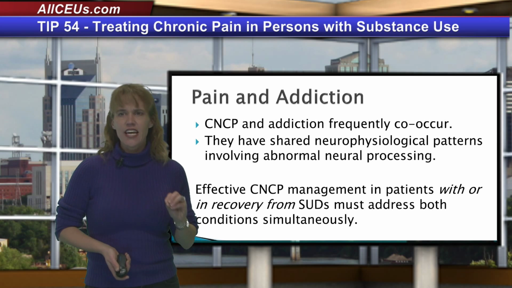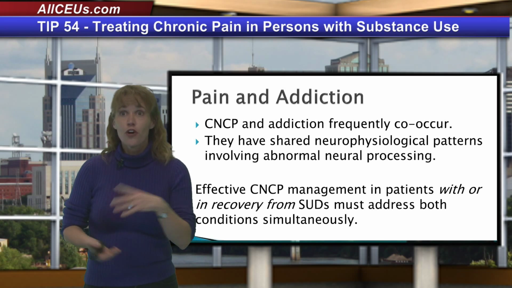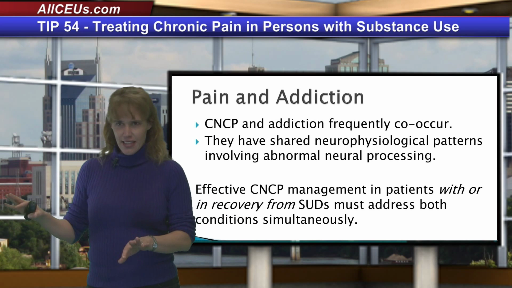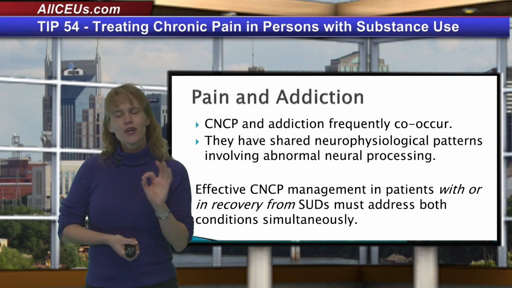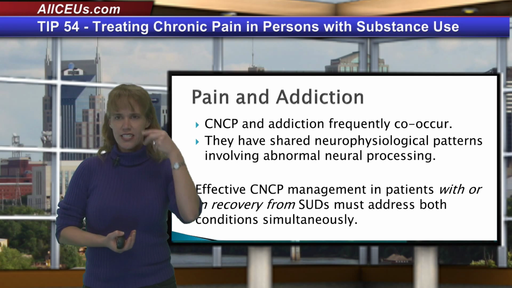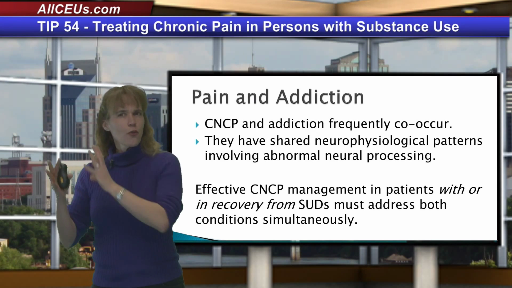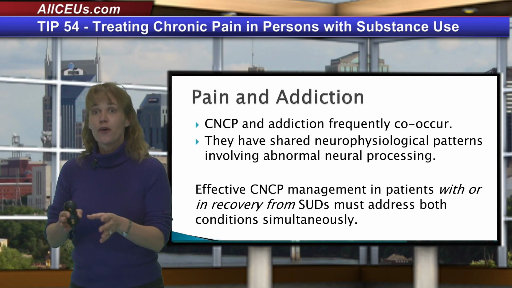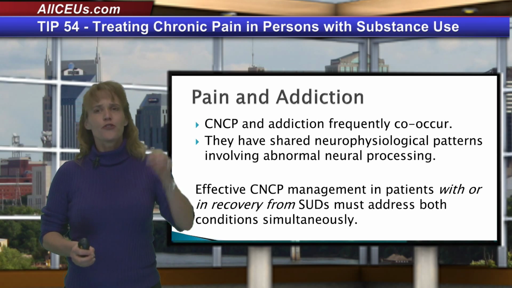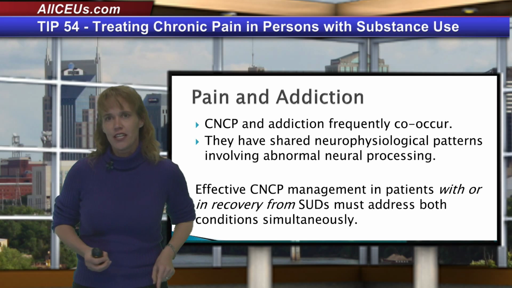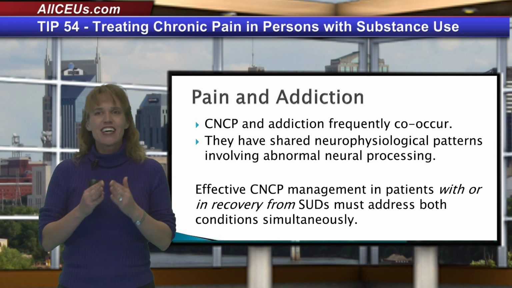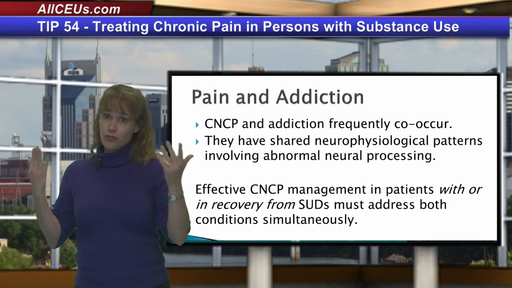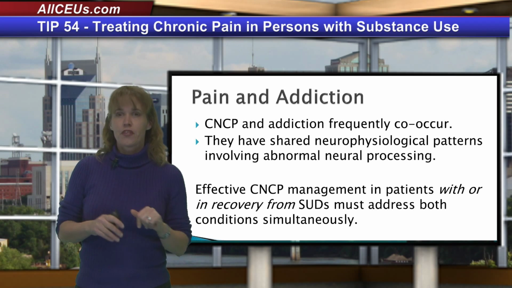So chronic non-cancer pain and addiction frequently co-occur. Now, we'll talk about some of that, I think, in a little while. But one of the things I want you to really consider is what's going on in addiction and co-occurring disorders, because we know co-occurring disorders are the rule, not the exception. So if somebody has an addiction, we can pretty well guess that some of their neurotransmitters are a little wonky.